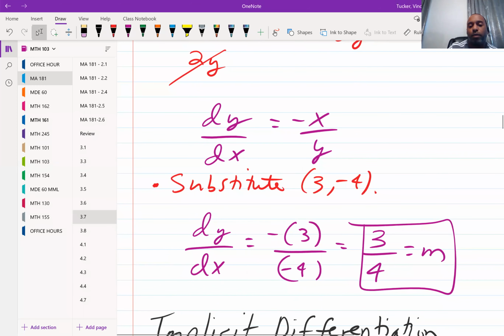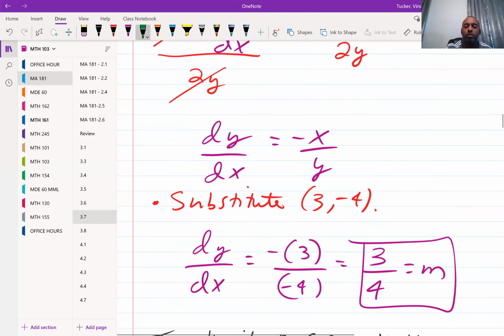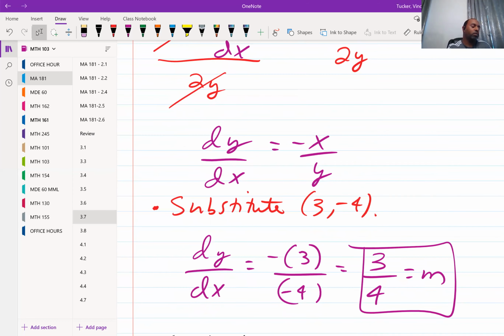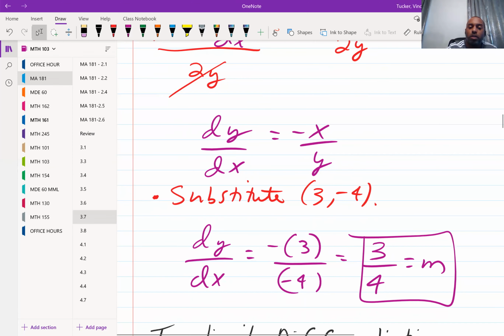And that simplifies to 3/4 as our slope. Questions? All right, can I roll up?